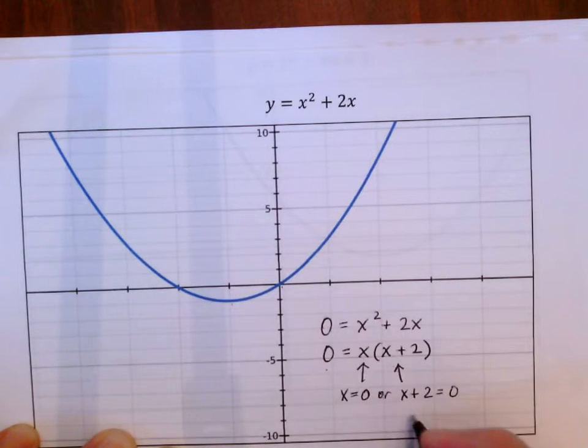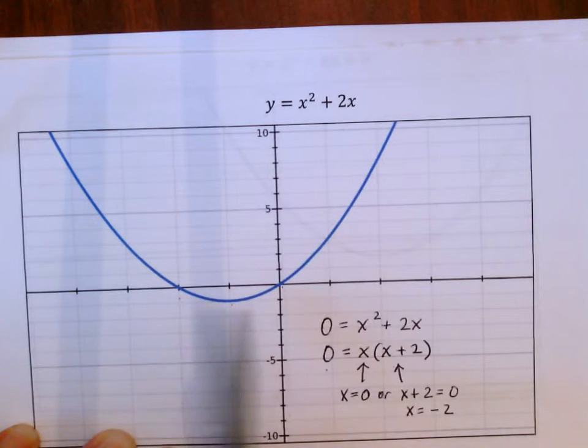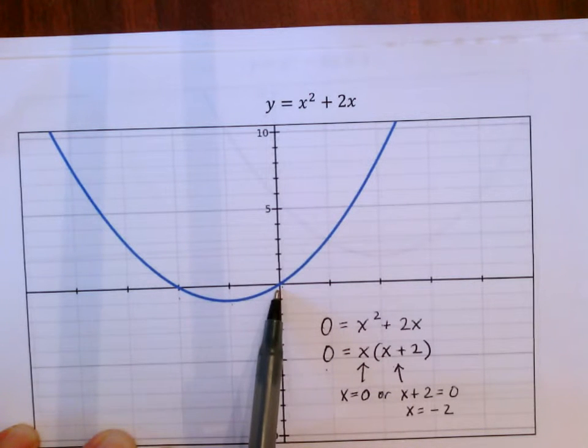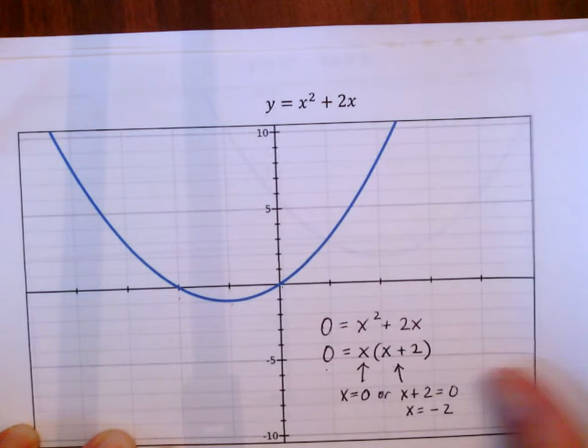Of course, if x plus 2 equals 0, that means x equals negative 2. So those are the two solutions to my equation. Remember, we were finding the x-intercepts, and so going back to the graph, I can see, in fact, those are exactly the x-intercepts. So here at x equals 0 and x equals negative 2 is where the function crosses the x-axis.